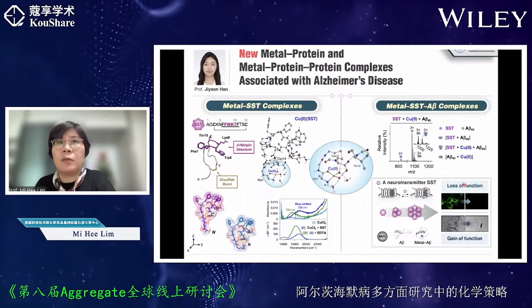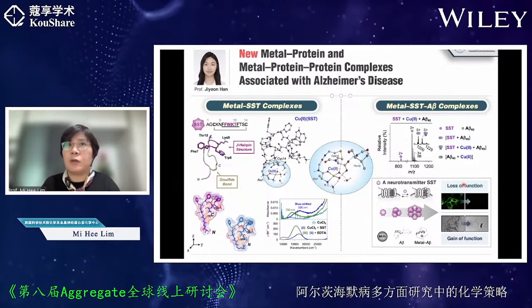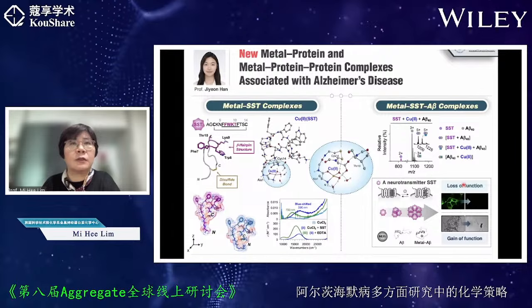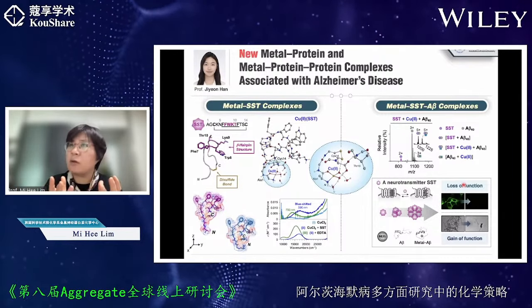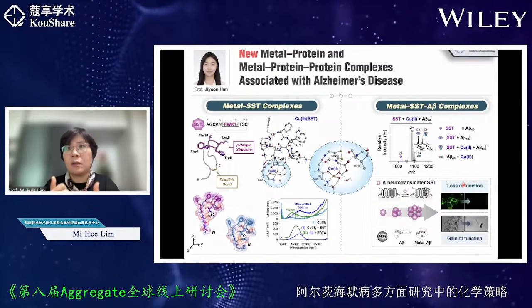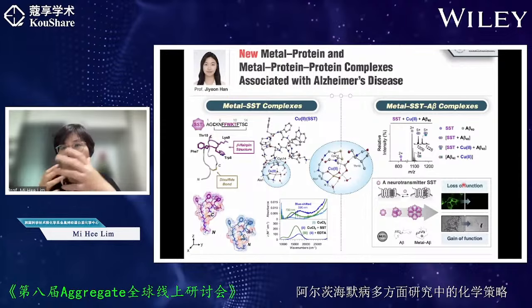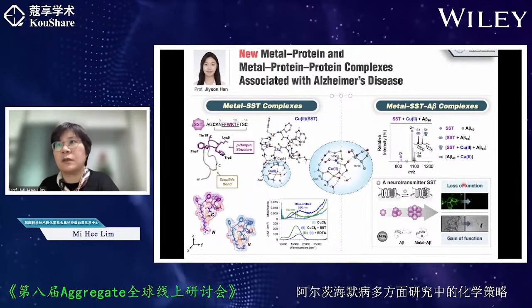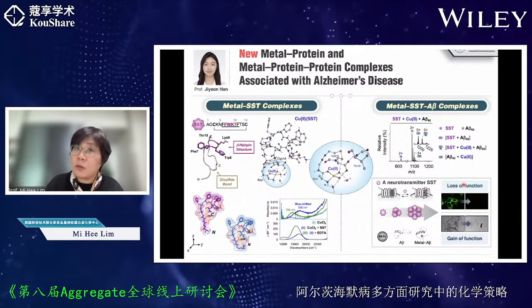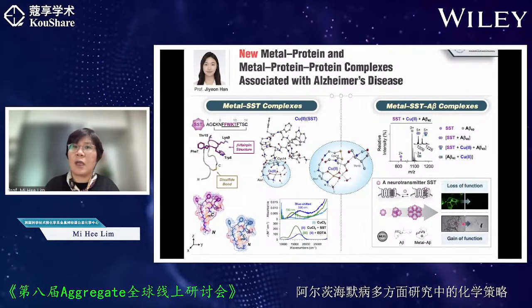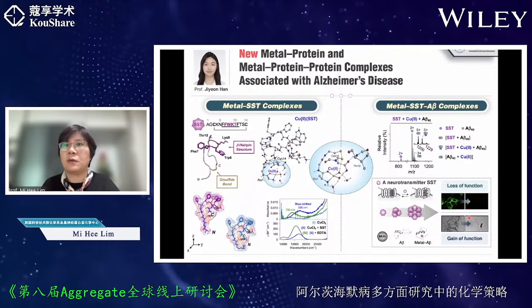However, in the presence of the metal and A-beta species, under the pathological condition related to Alzheimer's disease, they generate ternary complexes. Such ternary complex formation can modulate and control the aggregation and toxicity of both metal-free and metal-bound A-beta species. So actually, SST has a new function under pathological conditions.